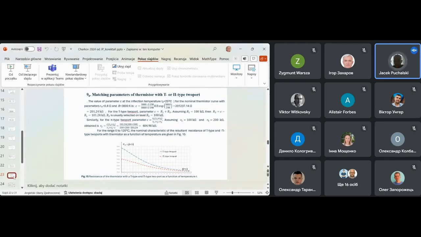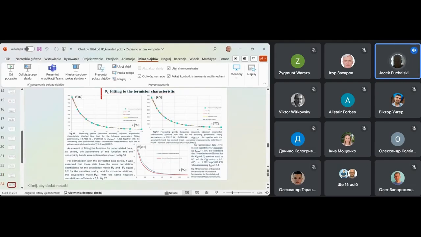But first we find the characteristic for correlated and non-correlated variables, and as we see, we have a 0.5% difference in the characteristic of the thermistor from the non-correlated or correlated measurement.